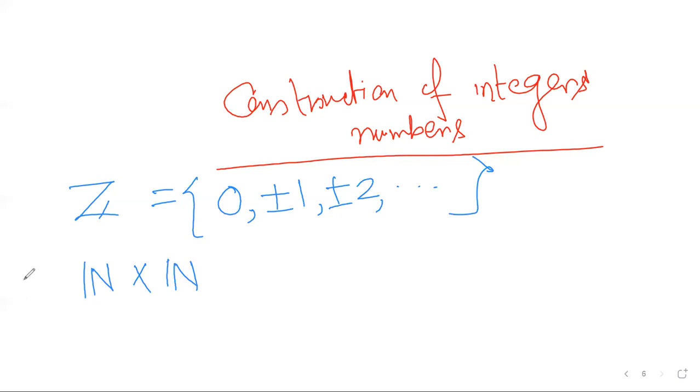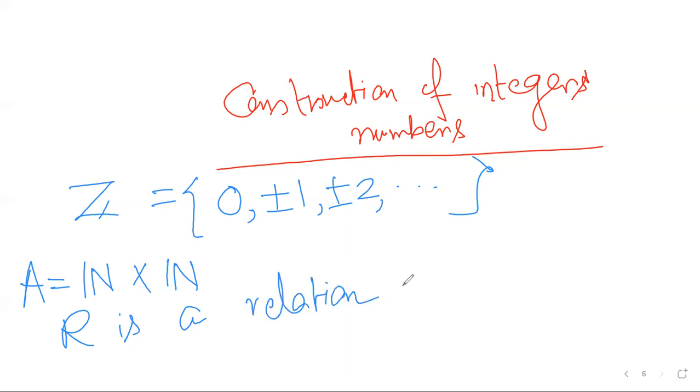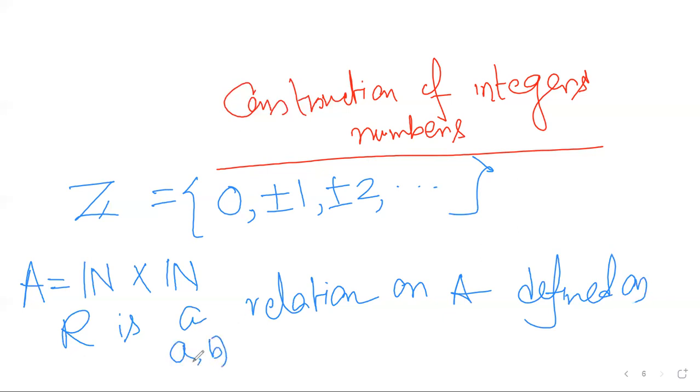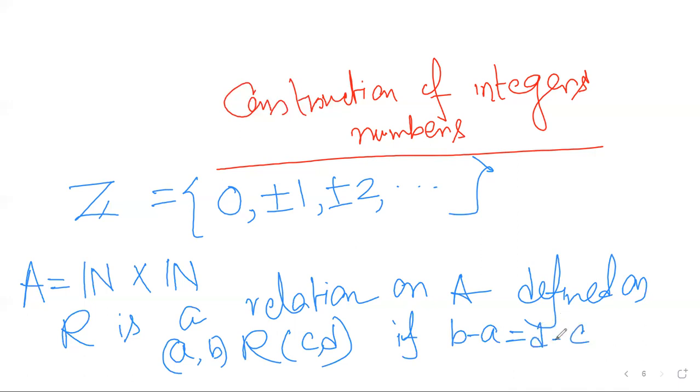This is my set A. Now I am defining a relation R on A as (a,b) is related to (c,d) if b minus a is equal to d minus c.